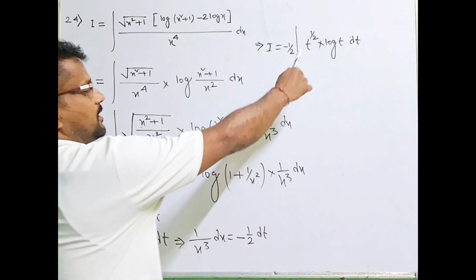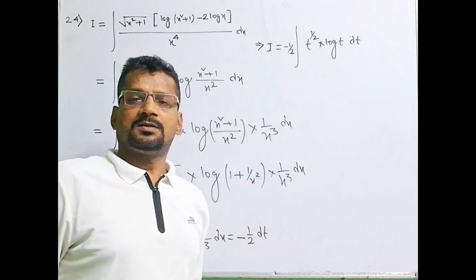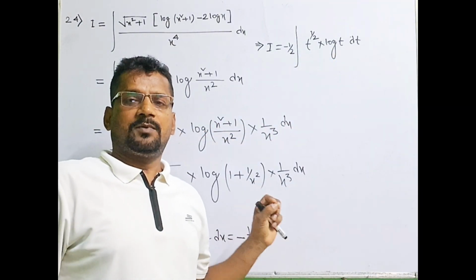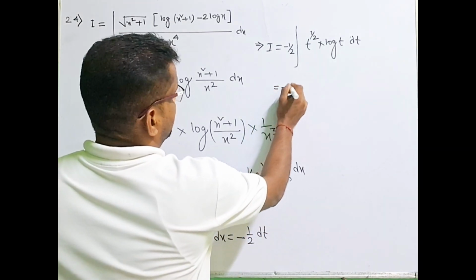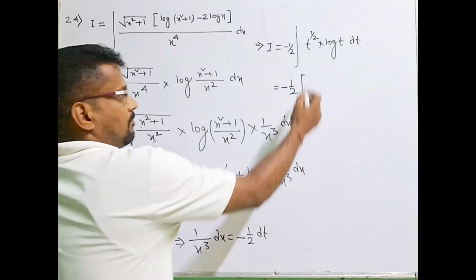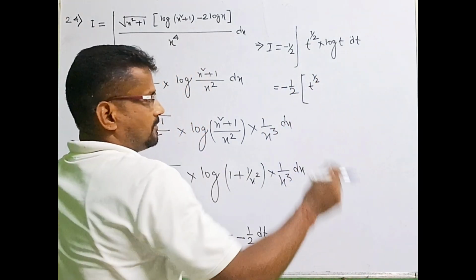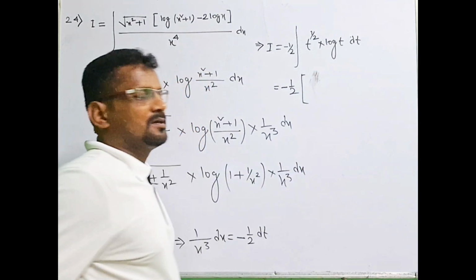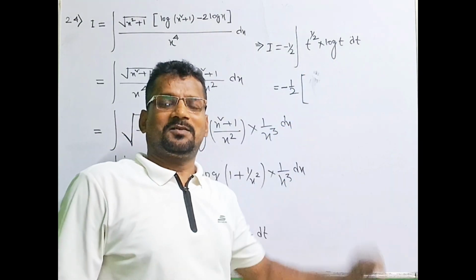Now what kind of functions are these? It is your algebraic function, it is your logarithmic function. Then you have to apply integration by parts, and if you apply it, minus half, give third brackets here. First function as it is, t to the power half, algebraic, and this is your logarithmic function.